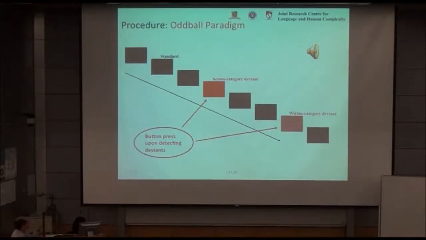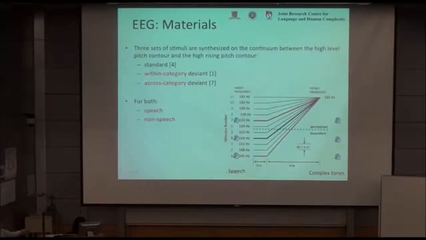Then we use the Oddball paradigm to do experiments. What is Oddball? We insert the deviants. Here we have two different ones, right? We use stimulus number 4 as the standard, the most frequently occurring one.